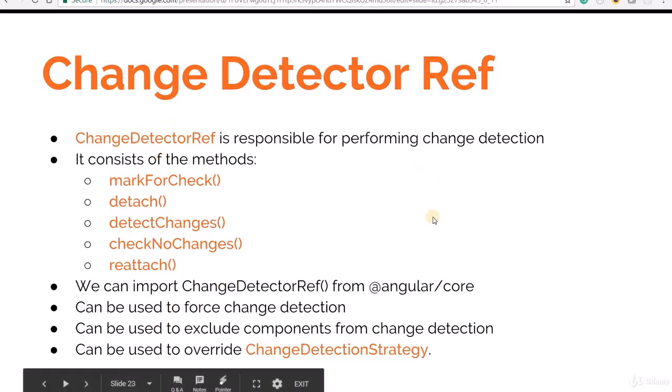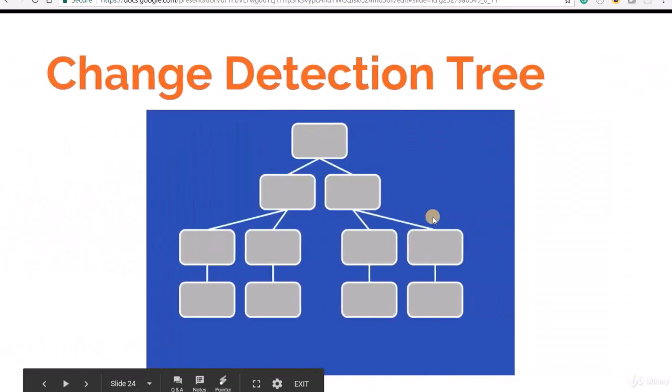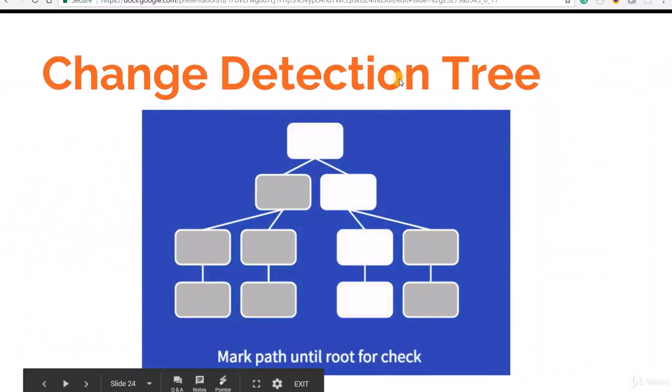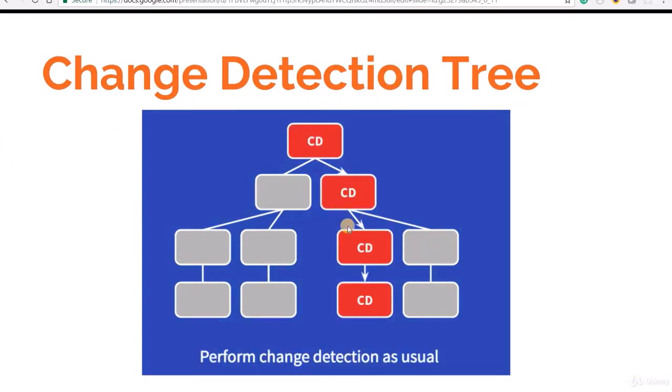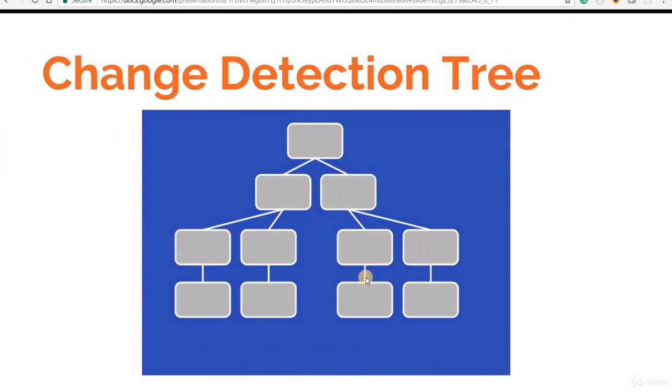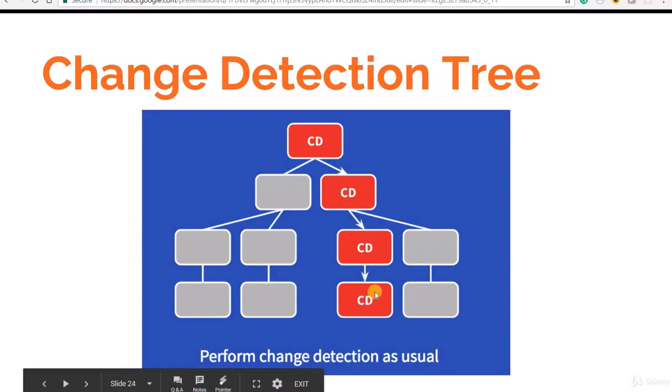Apart from that, there's just one last thing called the change detection tree. As you can see in this example, change detection works from the top level to the bottom, as you can see from the arrows here.